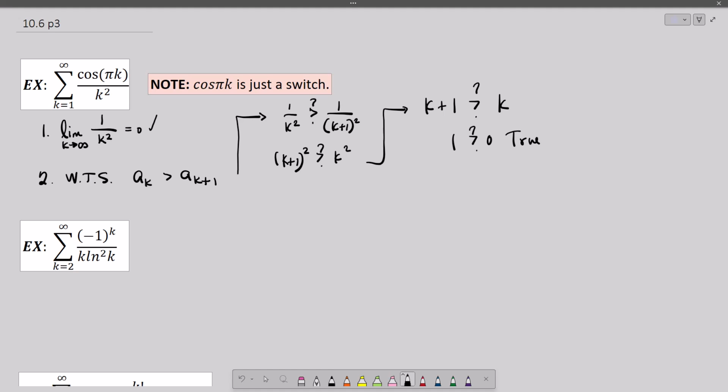We're done. So therefore, converge. So two steps. First step is very familiar to us, the divergence test. And then we want to show that the sequence of terms is shrinking in magnitude.